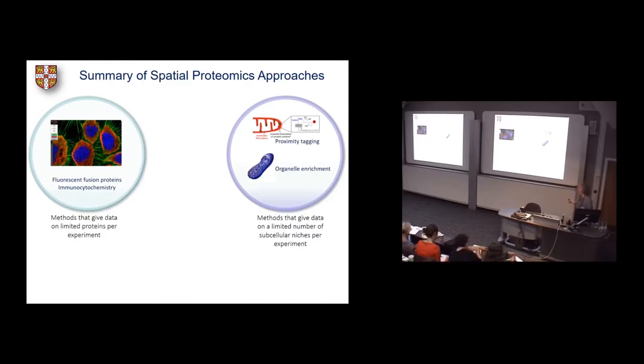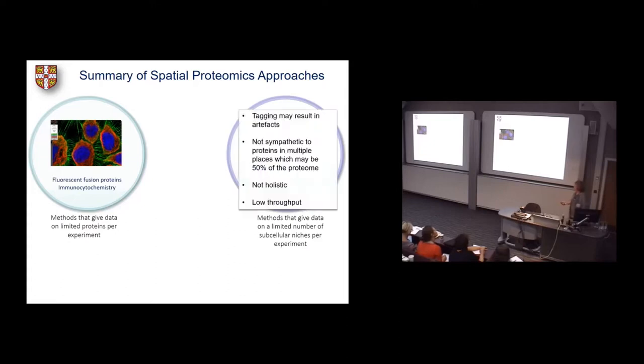In some cases as well, and these are relatively rare cases, you can carry out organelle enrichment to a point where your preparation is pretty homogeneous, and then again the mass spectrometers will give you a parts list of what's present. Now, there aren't that many subcellular niches that can be purified to homogeneity, and with any amount of contamination, your parts list is not necessarily going to distinguish between a genuine resident of whatever the niche is that you're interested in or the contamination.